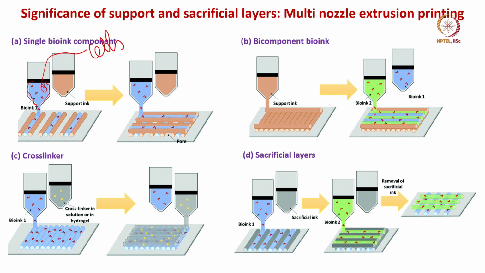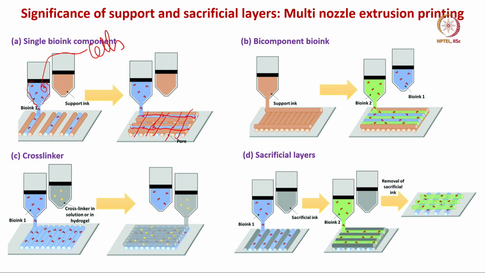Now you want this hydrogel scaffold or hydrogel bioink to be printed in a specific manner, like a criss-cross kind of situation. So this is one layer and this bottom is another layer, right? Then what you see here is that the cell laden scaffolds are getting printed in a layer by layer manner.